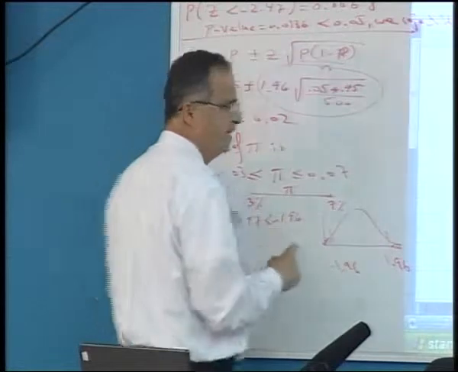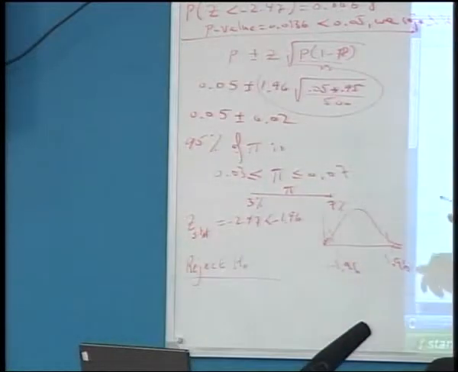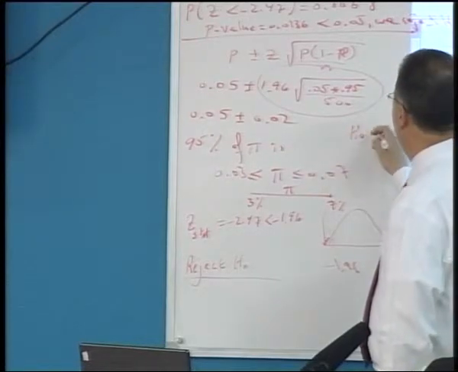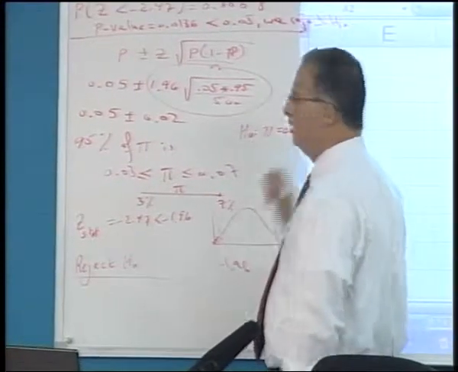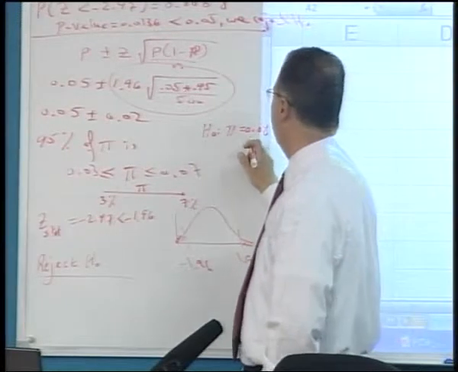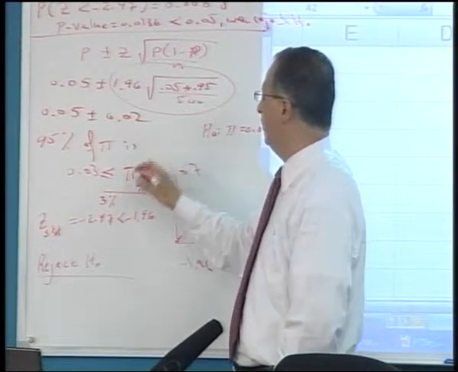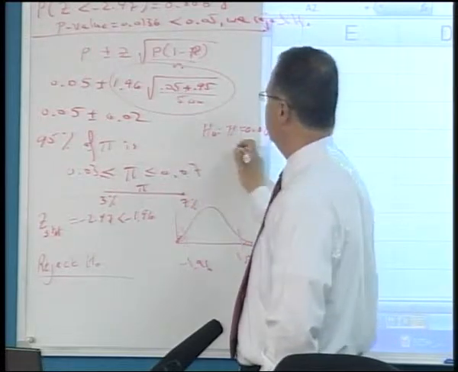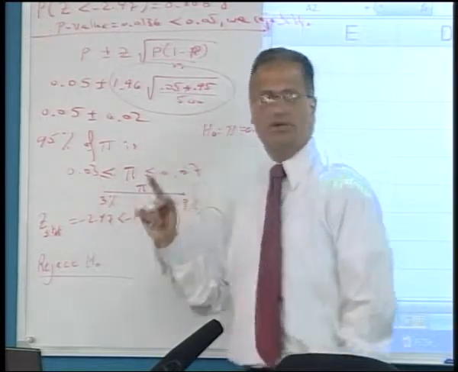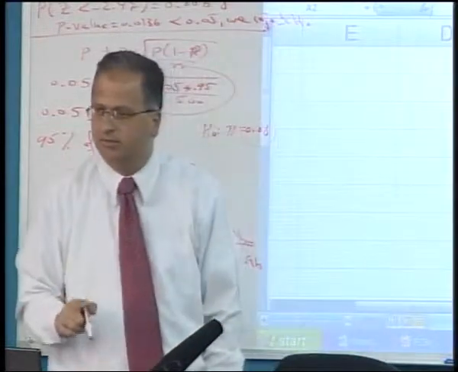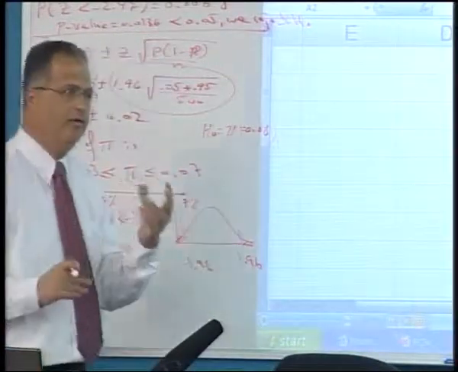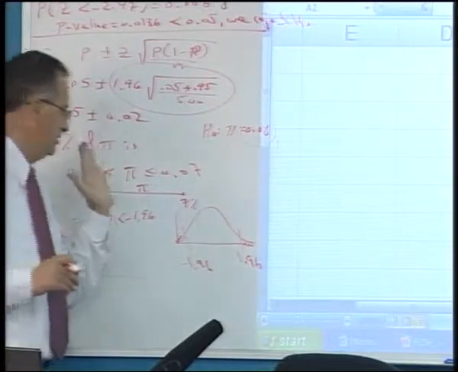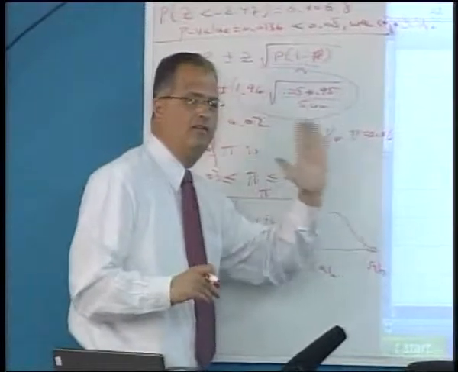That's pi. Now, we are testing H0: pi equals 8%. Does this value lie in the interval or outside? This value actually lies outside this interval, because pi in this confidence interval ranges between 3% all the way up to 7%.